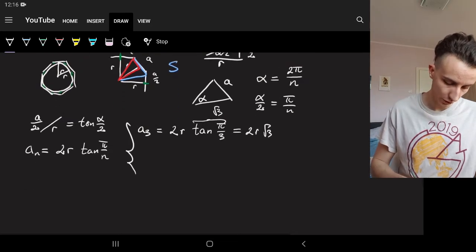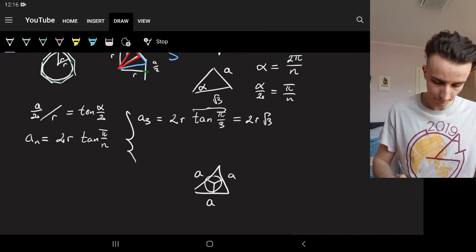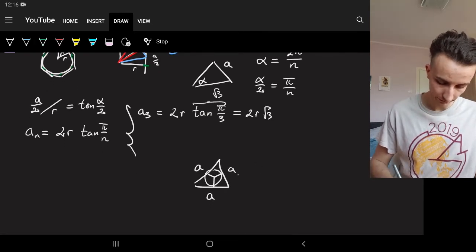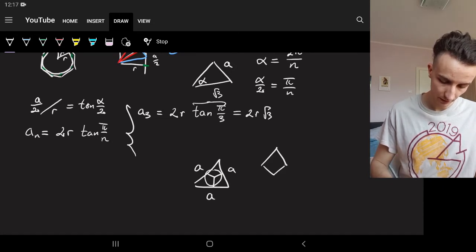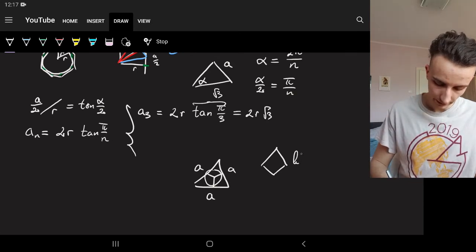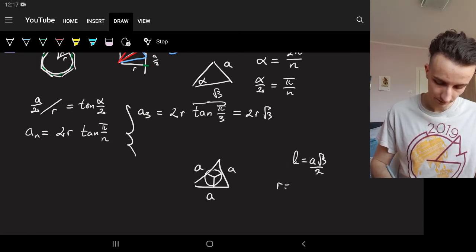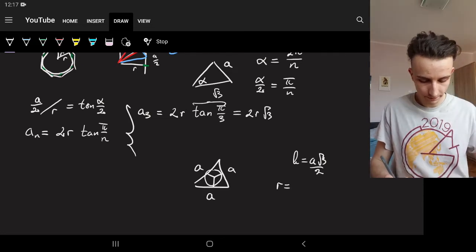Now, of course, for an equilateral triangle, we have these kinds of radii. If we look at one of these segments, it's pretty well known, I guess, that the height is square root of 3 over 2 of the whole triangle's side, and then r is, I believe, one third of h.